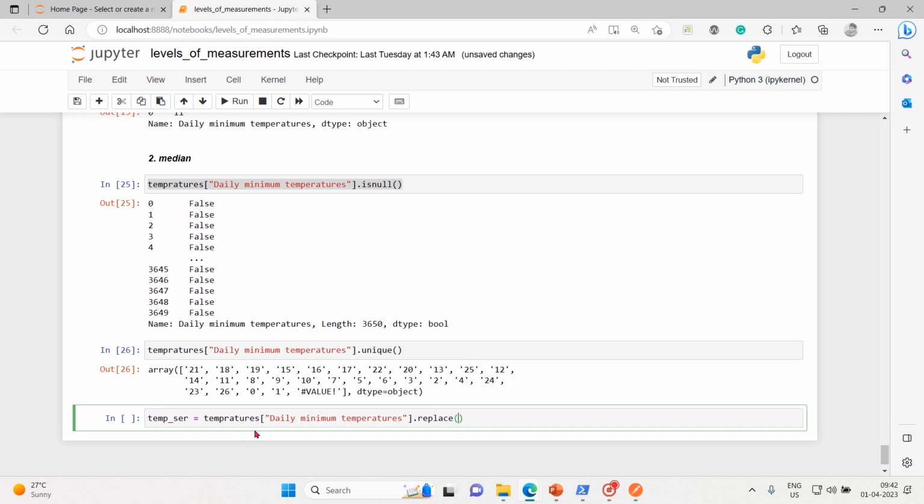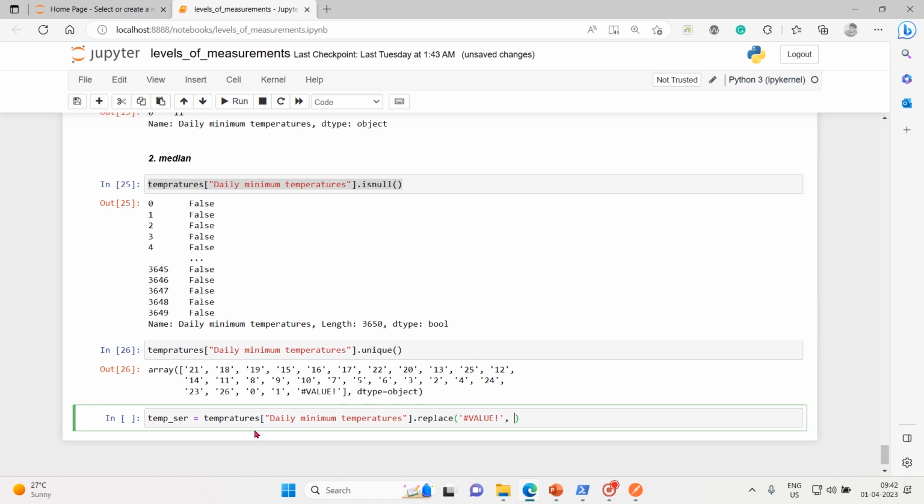In this, I'm going to replace this with a none value, a simple value, and it will work.